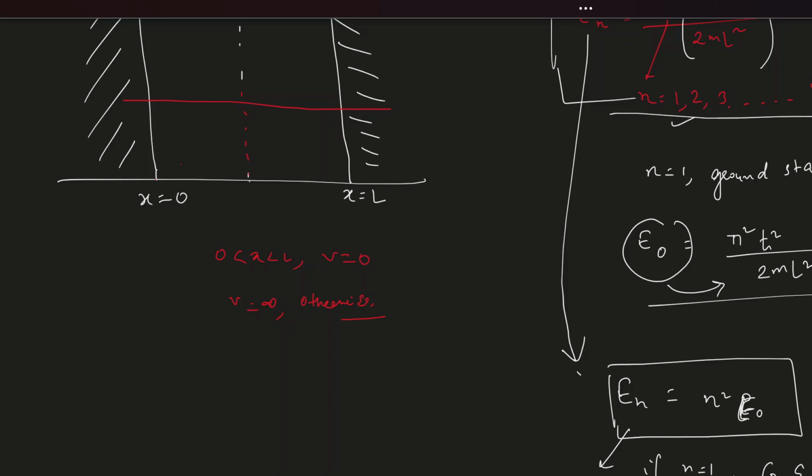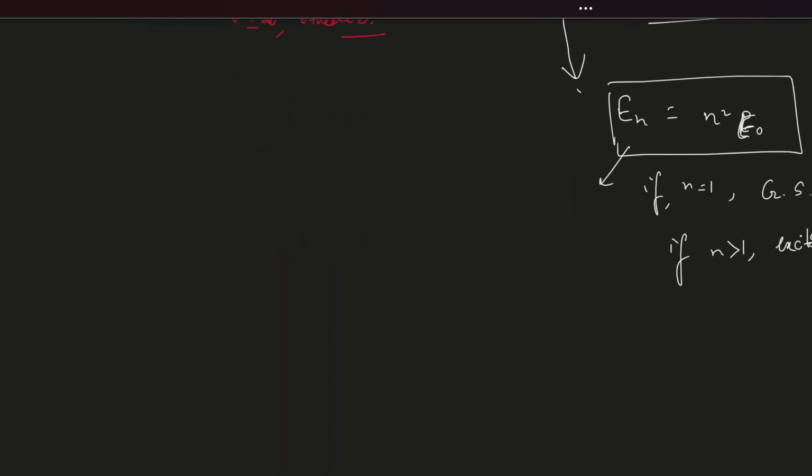But if n is greater than 1, that means any excited state, not the ground state, then En will be that state's quantum number n squared times E naught. Now this makes your life very simple for solving this problem at least.